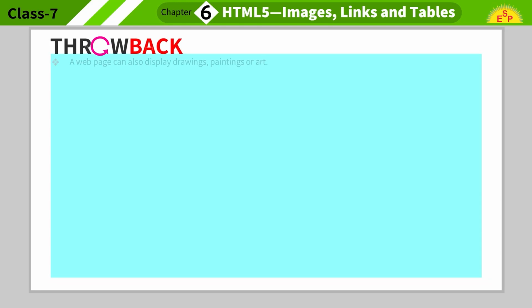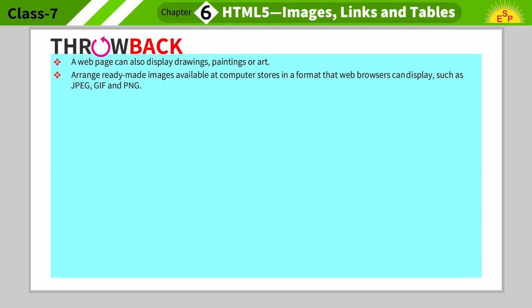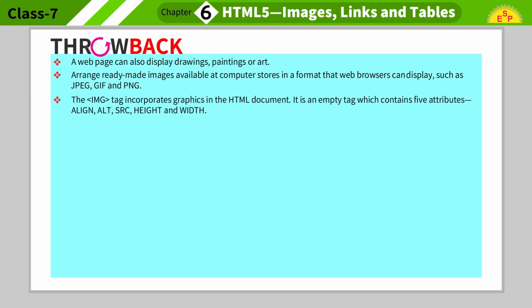Throwback. A web page can also display drawings, paintings or art. Arrange ready-made images available at computer stores in a format that web browsers can display, such as JPEG, GIF and PNG. The IMG tag incorporates graphics in the HTML document.